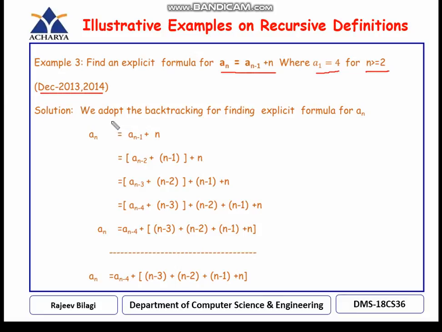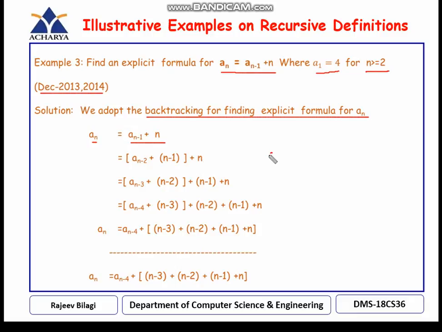Now whenever we need to find the explicit representation for a problem when recursive definitions are given, we are going to adopt backtracking for finding an explicit formula. I have talked about backtracking in the previous session. According to the definition, an is equal to an minus 1 plus n.